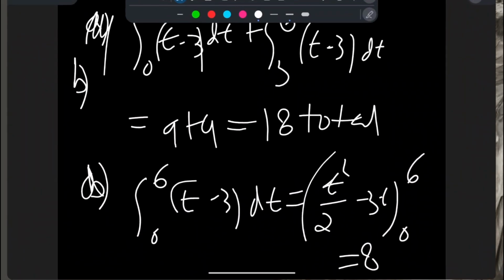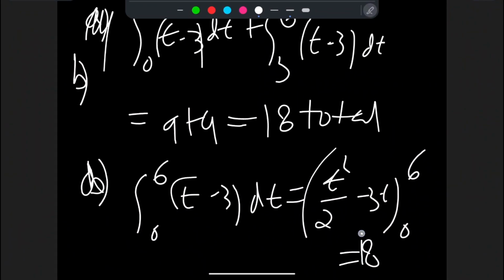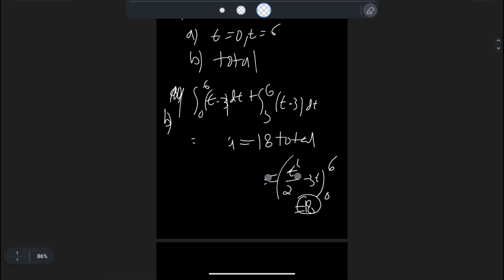So they just happen to be the same in this case. But this isn't always true. Now let's go over our third example.